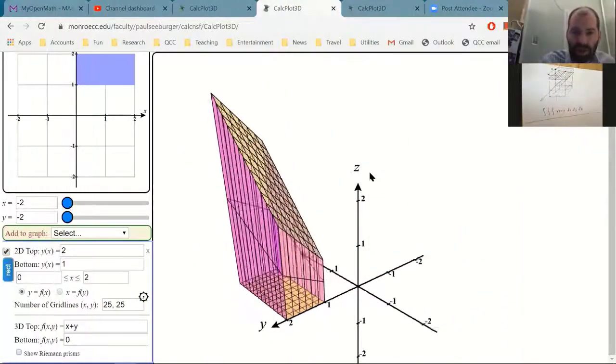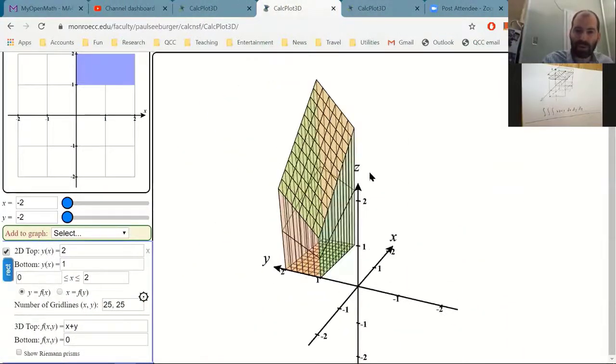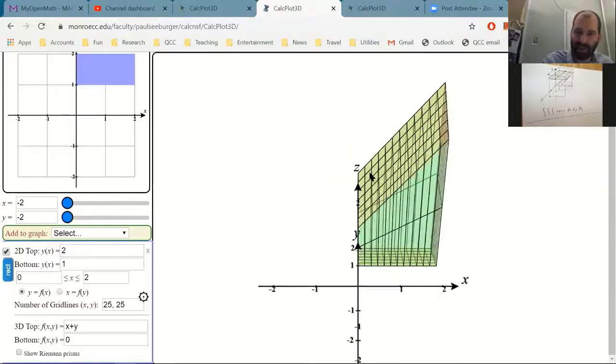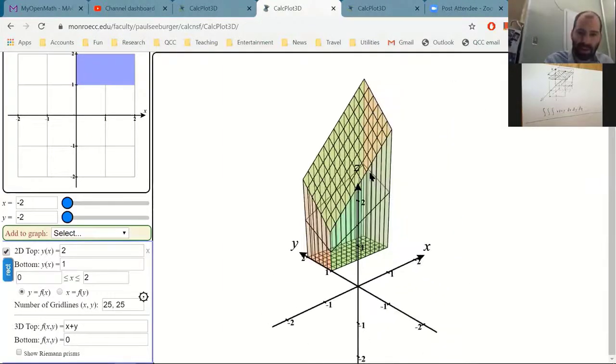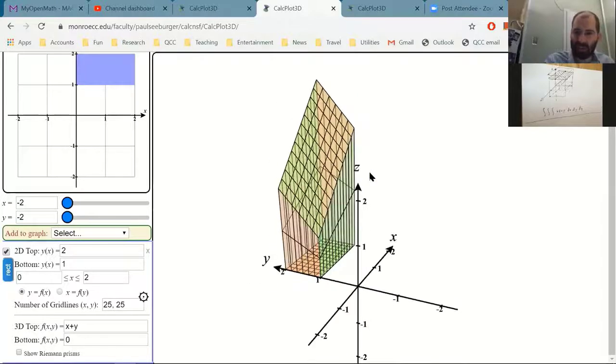So here we have a region that's almost a box, but look at the top. The top is not flat, right? Well, it's at an angle anyway. And so we want to integrate over this thing for the next problem. But I want to keep in mind what this region is defined by. The y values are just ranging between 1 and 2. The x values are ranging between 0 and 2.